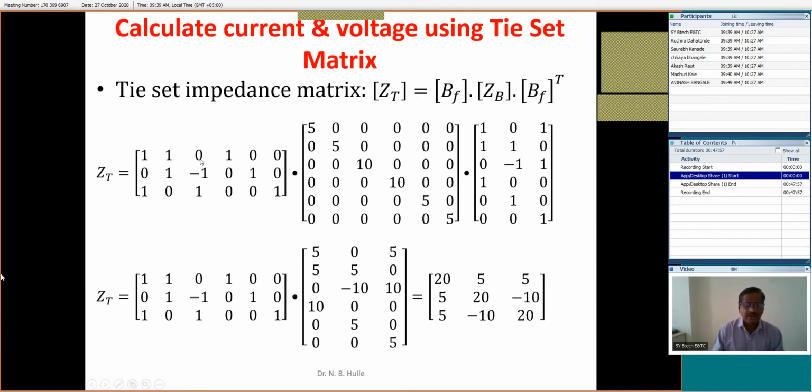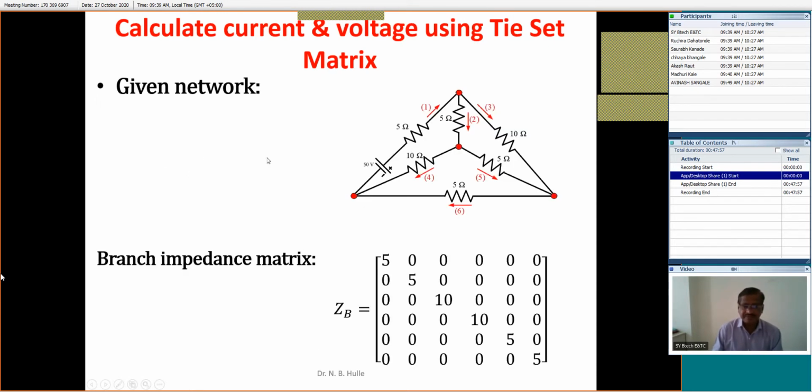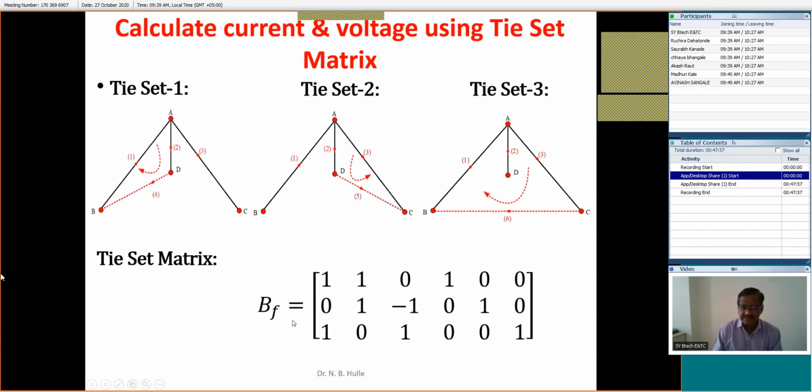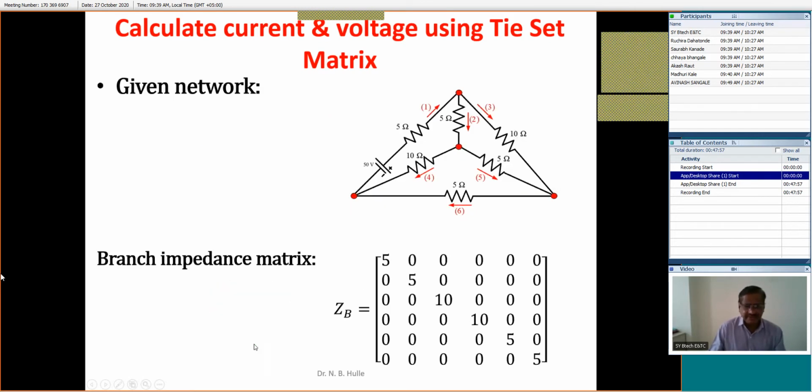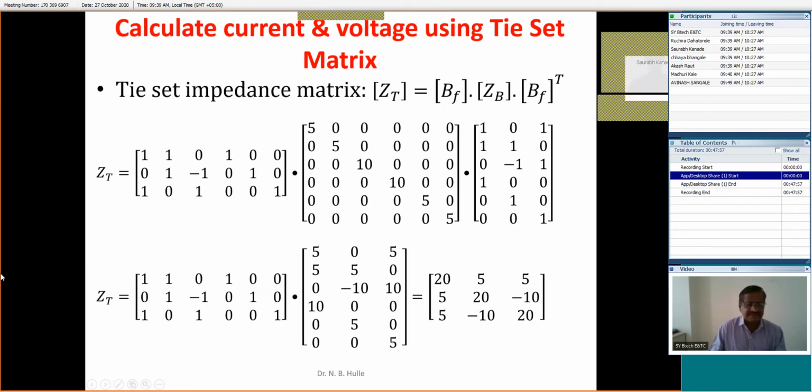Now look at the entries, 110100. I have copied this tie-set matrix here as it is. This is the tie-set matrix, which is nothing but this BF.